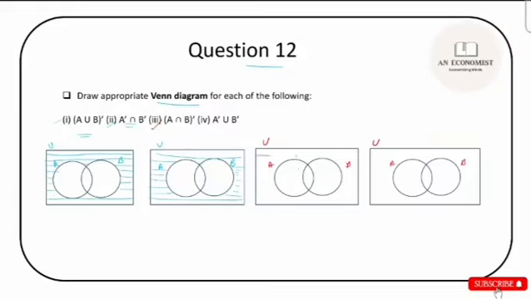So everything except the common elements will be included. And again, these two are equal by De Morgan's law. A complement union B complement. You can verify this from this diagram. This will also be the same. Everything except the common elements.